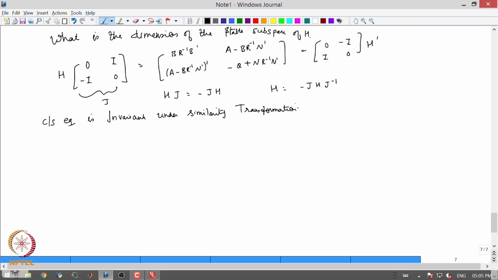Now, the characteristic equation of H is the determinant of sI minus H, which is equal to the determinant of sI plus J H transpose J inverse.